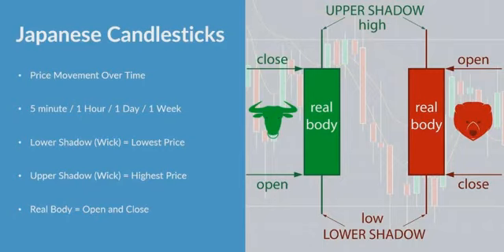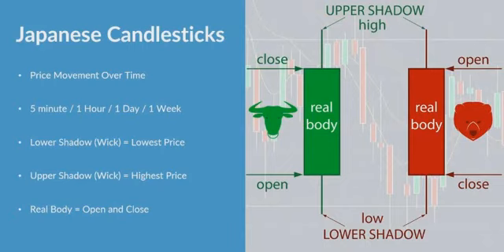So if this was a 5-minute chart, it opened at this price, this was the lowest point, it went to here, and it closed at this price here. Okay? If we're looking at a bearish, it opened at this price, it may have risen to this price here, it dropped all the way down to here, and it closed at this price here. Okay? Over the 5 minutes. Very, very simple. Okay? So it's just a price movement over time represented with 4 very important pieces of information.